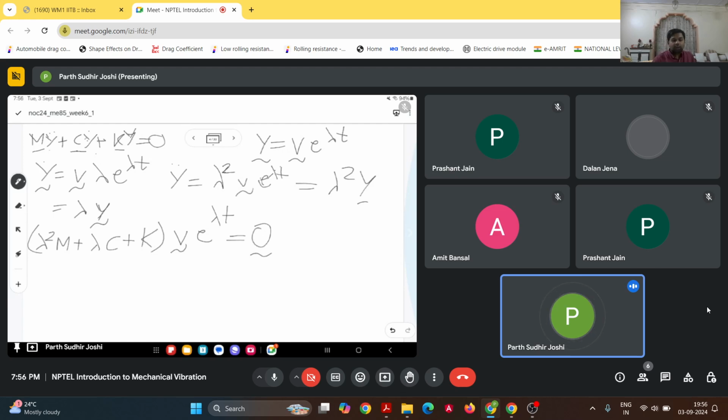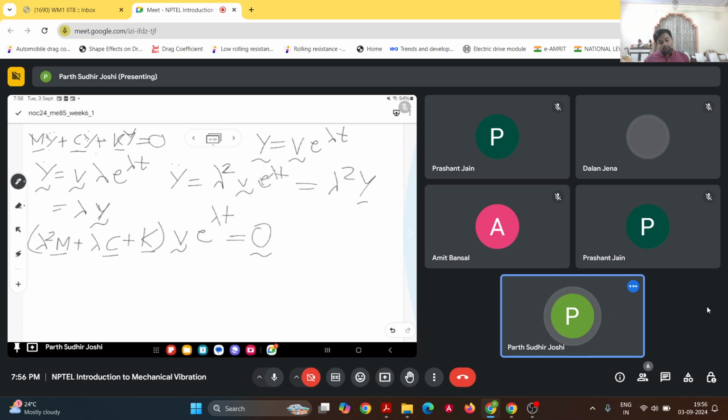This is the kind of equation that we get, which is very similar to the equation in a single degree of freedom system. But here it's a matrix equation. And we know that e to the power lambda t is never 0 for any real value of time t.